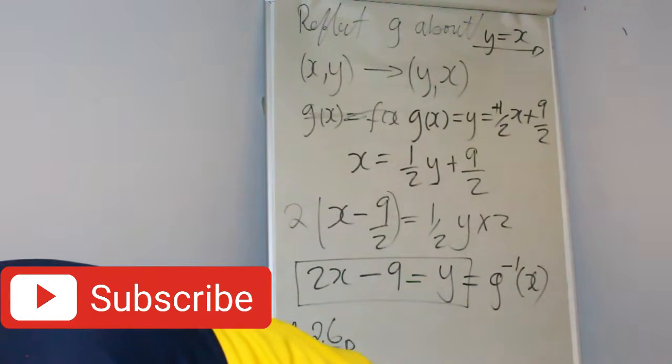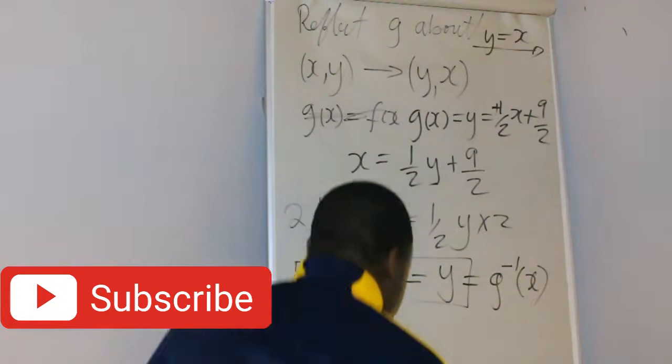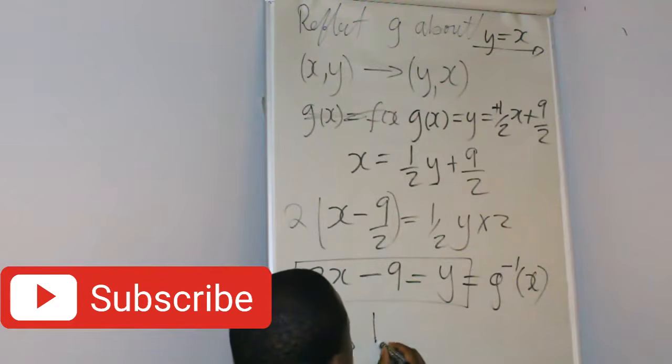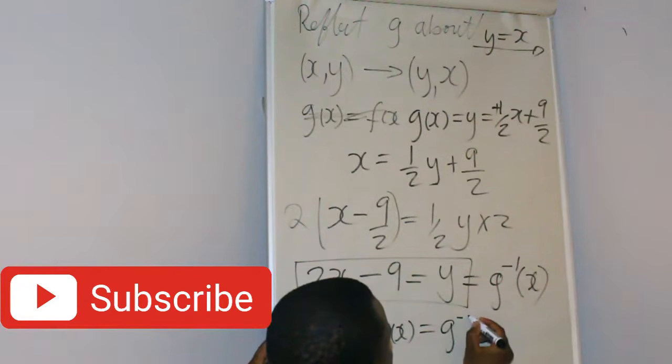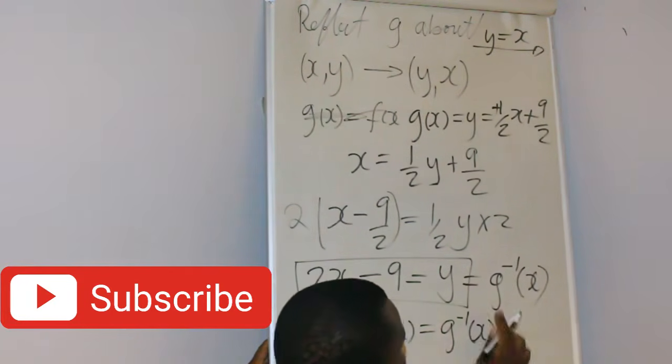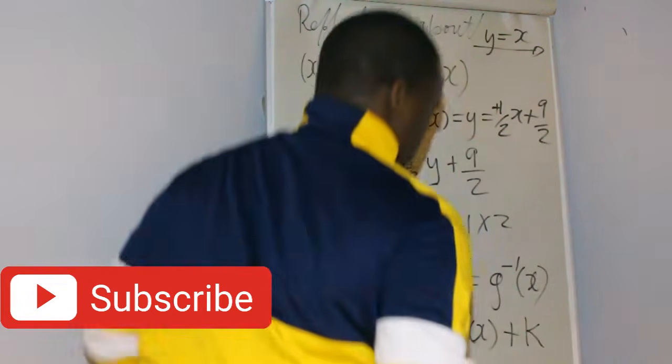So ignore the h of x we did on 4.1. This is another one. They're saying we're defining another function, h of x, to be equal to the inverse of g, which is this, plus some k.